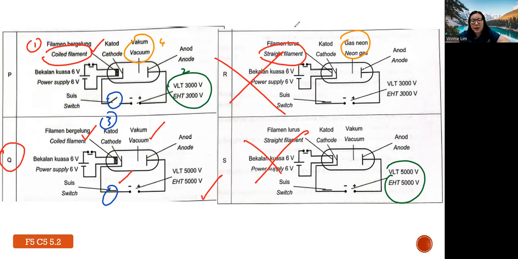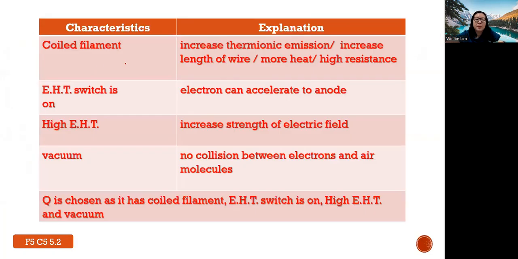The moment you say that, you already get 6 out of 10 without giving the reasons yet. Now, coil filament, like the teacher says, increases the thermionic emission, or increases the length or cross-sectional area, so more electrons are emitted. Then you should switch on the EHT so that the electrons can accelerate to the anode.